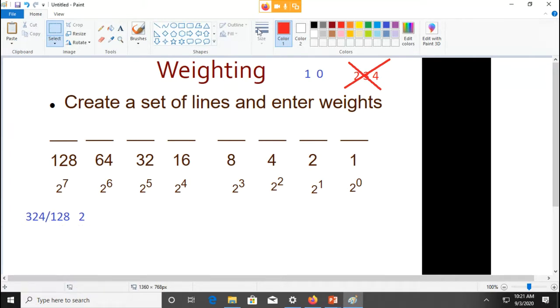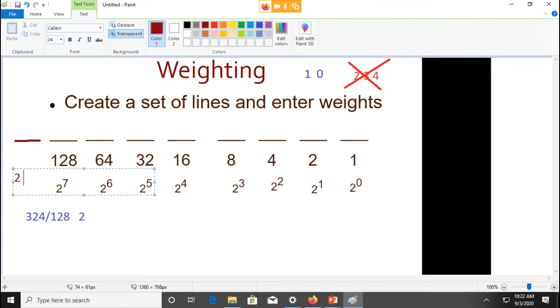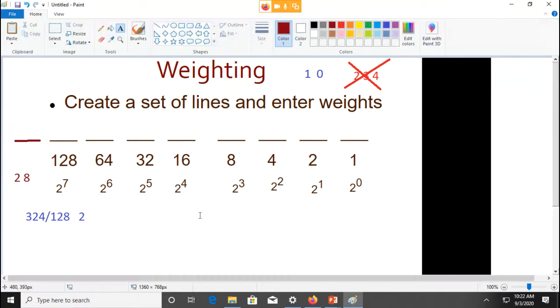So what I have to do here is come over here and add at least one more of these. So we're going to have 2 to the 8th here.